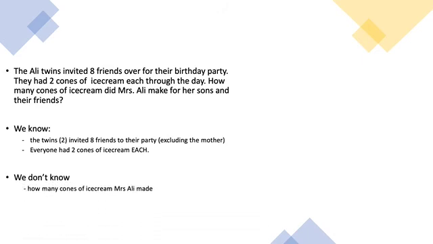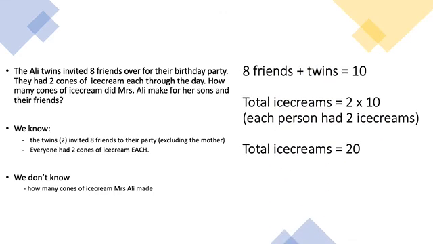We don't know how many cones of ice cream Mrs. Ali would make. Now we can proceed to write an equation for this. We know that there were 10 people present in the party and each person had 2 cones of ice cream each. Since each means to multiply, the total ice cream equals 2 times 10, which equals 20 ice creams made by Mrs. Ali. If you got 20, then your answer is correct.